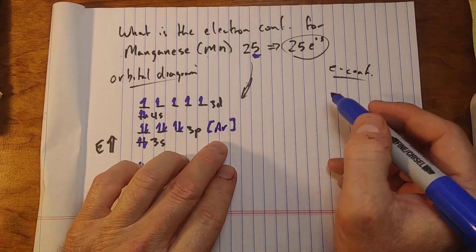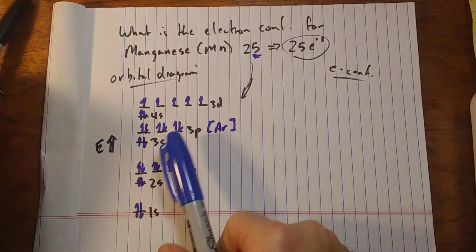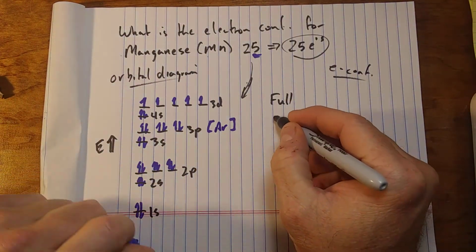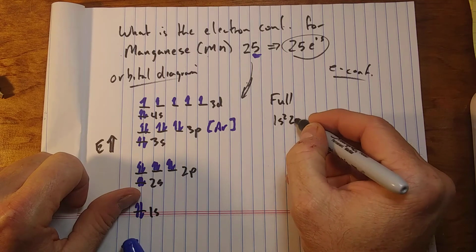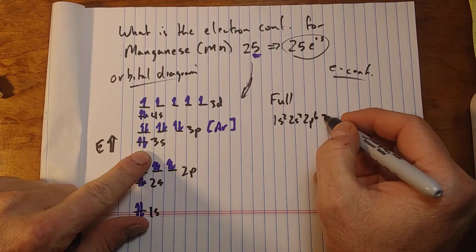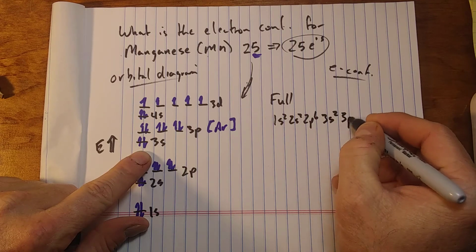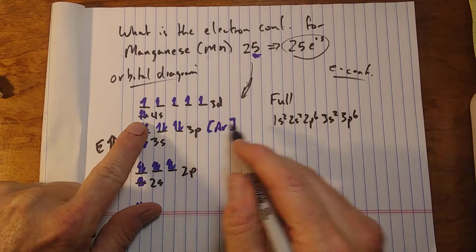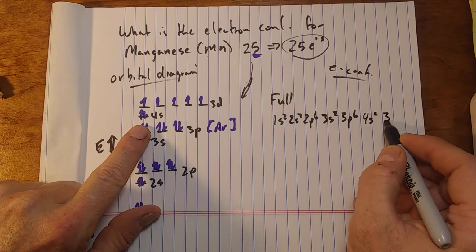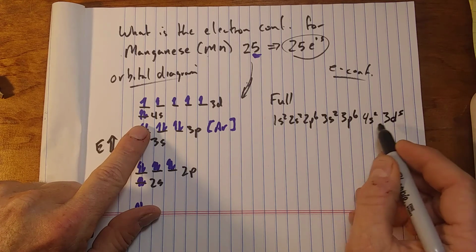The reason I pointed that out also is when we go to electron configuration, we can have the full electron configuration where we have 1s2, 2s2, 2p6, and we keep on going, 3s2, 3p6, and then finish it off with a 4s2. Now there are some ways we can do the 3d5 and then the 4s.